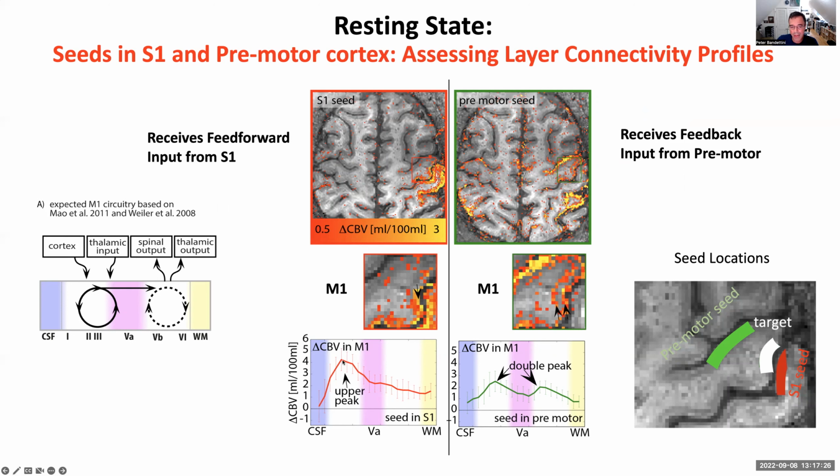It's a large hump towards the CSF, and a double peak when you take the premotor seed in M1, which suggests that M1 is lower in the hierarchy than premotor, which is feeding back this information to motor. Whereas here it's higher than sensory. Sensory feeds into M1, maybe for proprioception and other things. So that's higher. So it's feeding into M1, and getting feedback from the premotor.